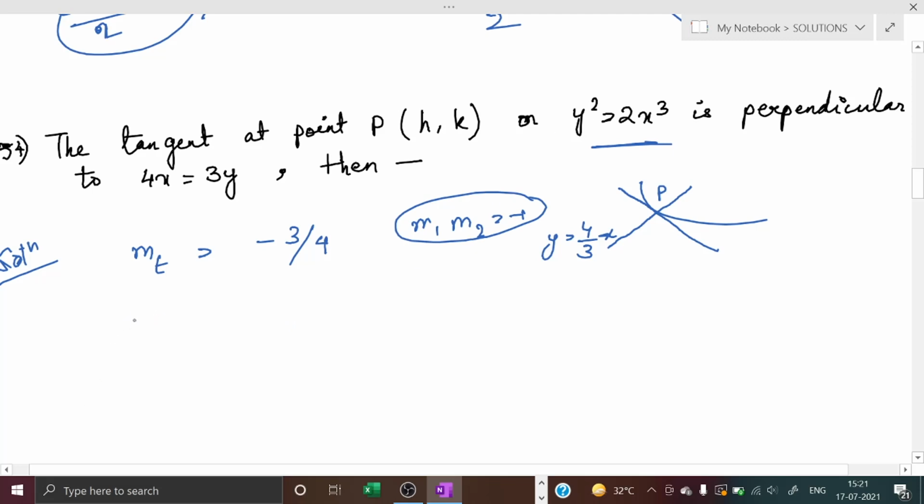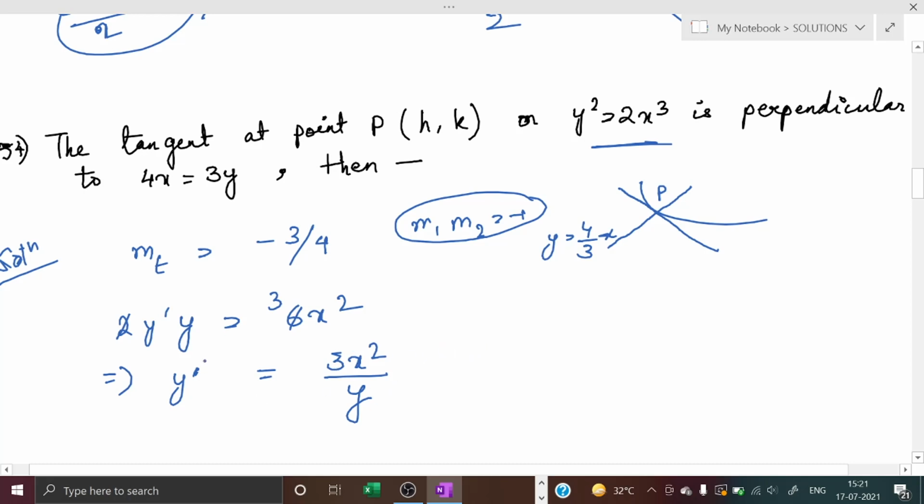So if we differentiate the curve, we will get 2y y dashed equals 6x square. So y dashed is equal to 3x square by y, right? Now this is the slope of the curve.